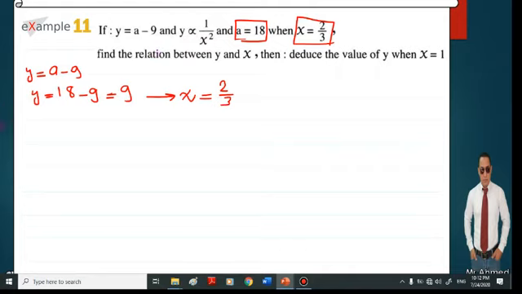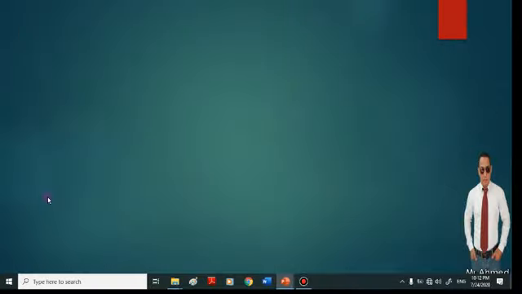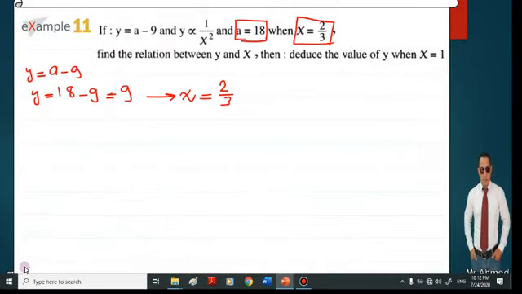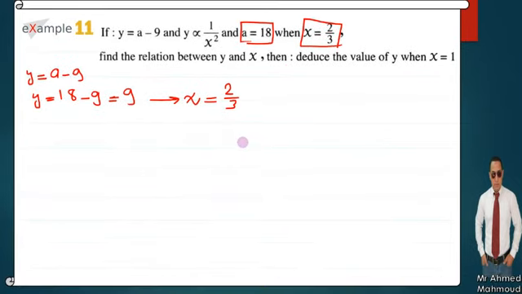By using this relation, y varies as 1 over x power of 2, therefore y equals m over x power of 2.